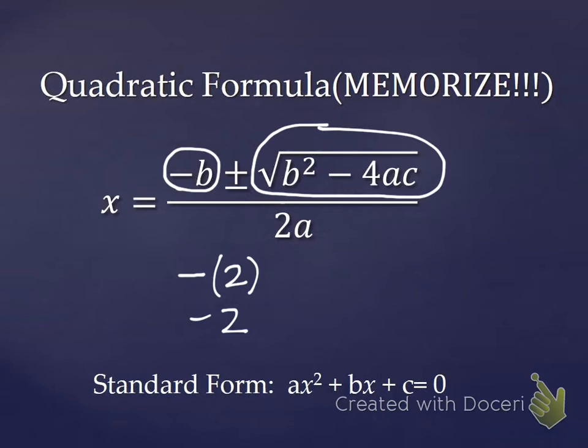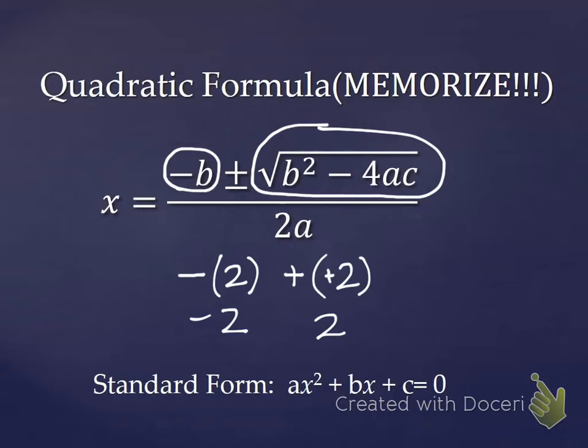All right, now what happens if I plug a negative value in for b? I get a positive because I have a double negative right here, and so it actually comes out to be a +2. So you have to be really careful. There's already a negative in the formula, so don't get confused when you're plugging in a negative value.